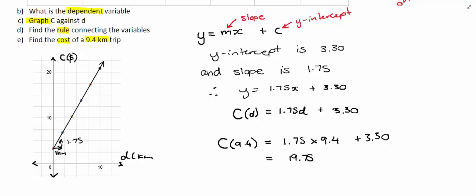So doing the multiplication and addition there, you'll see that that's 19.75. It's really important that you put that answer back into the context of the question. So 19.75 represents $19.75. So therefore the cost is $19.75.